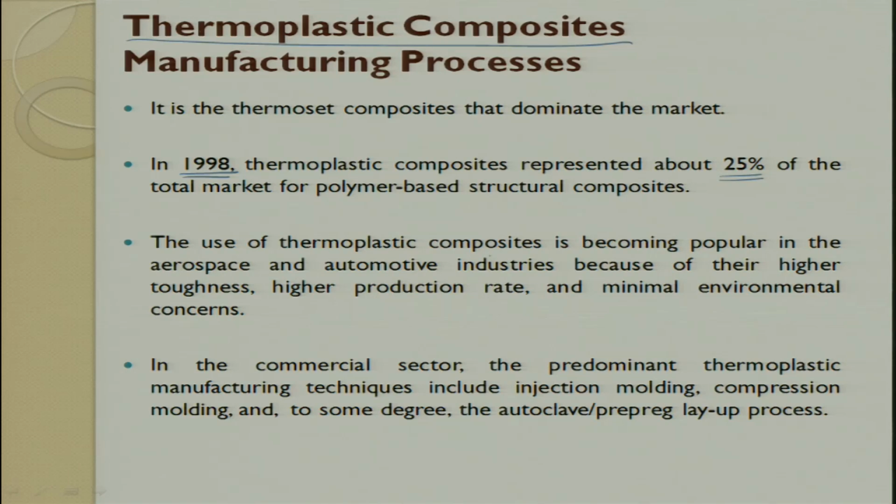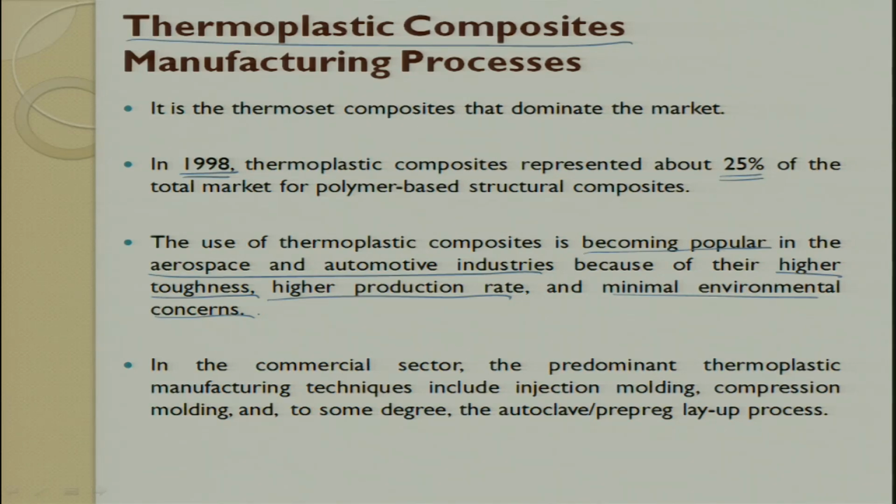The thermoplastic composite is becoming popular in aerospace and automobile engineering because of its higher toughness, higher production rate and minimal environmental concerns. These are the three things which are pushing very hard to get into thermoplastic composites.